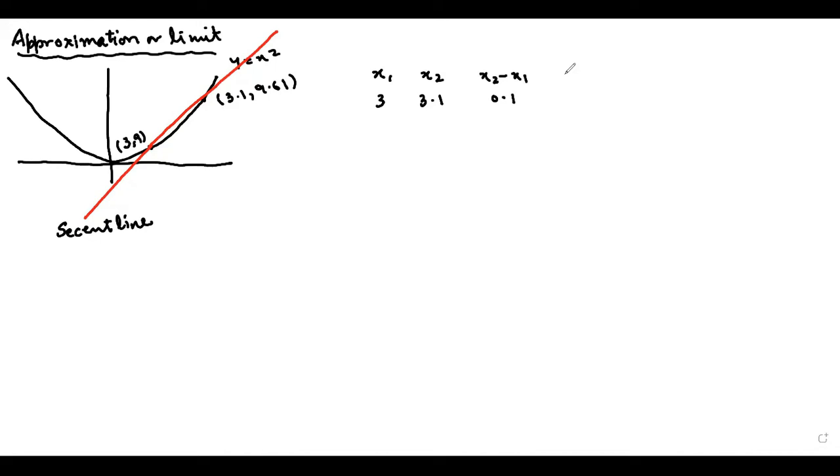We have y1 as 9 and y2 as 9.61. y2 minus y1 is 0.61. y2 minus y1 over x2 minus x1 is 6.1.